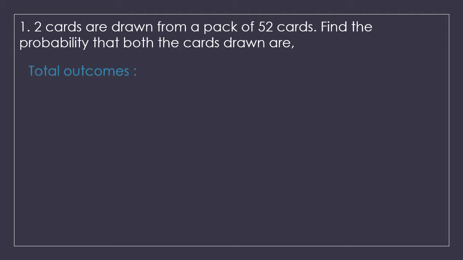Two cards out of 52 cards will make it 52C2. That is 52 into 51 divided by 2 into 1. The answer is 1326. I think you got that properly. So 52C2 is 52 into 51 divided by 2 into 1, and the answer is 1326.